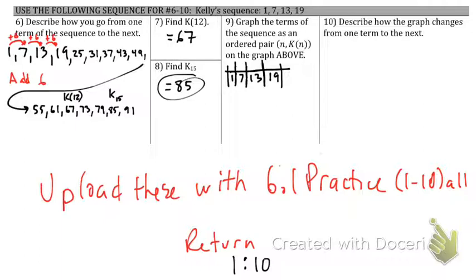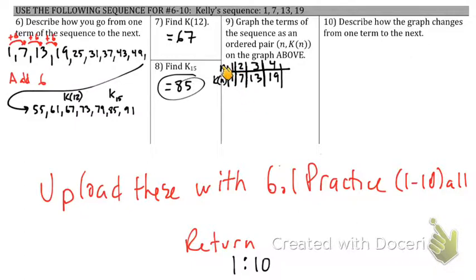And based on what this says, as I mentioned earlier, your input, we're going to call it variable n. So this is variable n. And my output is k parentheses n, because we're doing function notation. All right. So n in this case stands for the term number. So this would be my first term, second term, third term, fourth term.